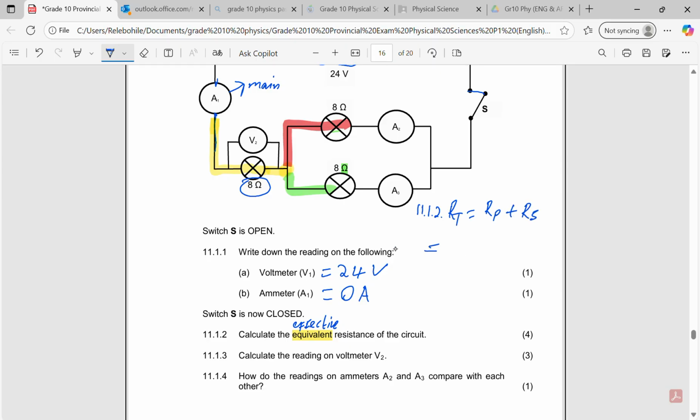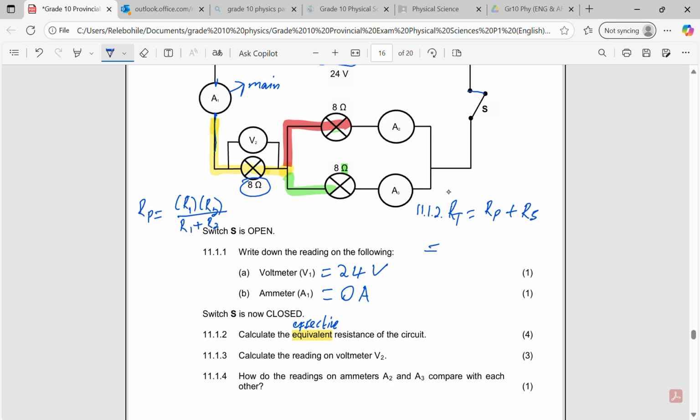Then there's this other formula, guys, that helps us to find the resistance in parallel, and it says Rp is equal to what? The resistance at the top, which is R1, times the resistance at the bottom, which is R2, divided by the resistance at the top plus the resistance at the bottom, right? And then we would get our answer.